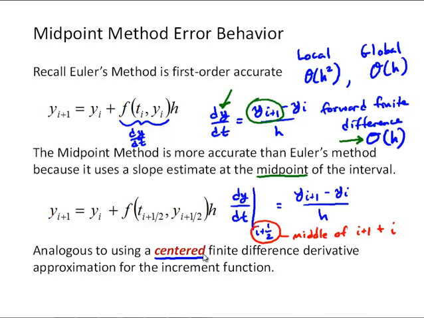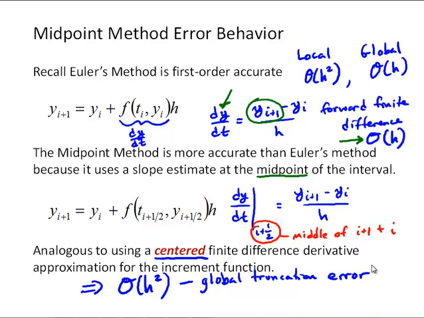And since it's a centered finite difference derivative approximation, if you recall from our earlier discussion of numerical differentiation, that centered finite difference approximation is going to be order h squared, or second order accurate, and that would be a good approximation of the global truncation error behavior of the midpoint method, which then leads us to conclude that the local truncation error would be third order.